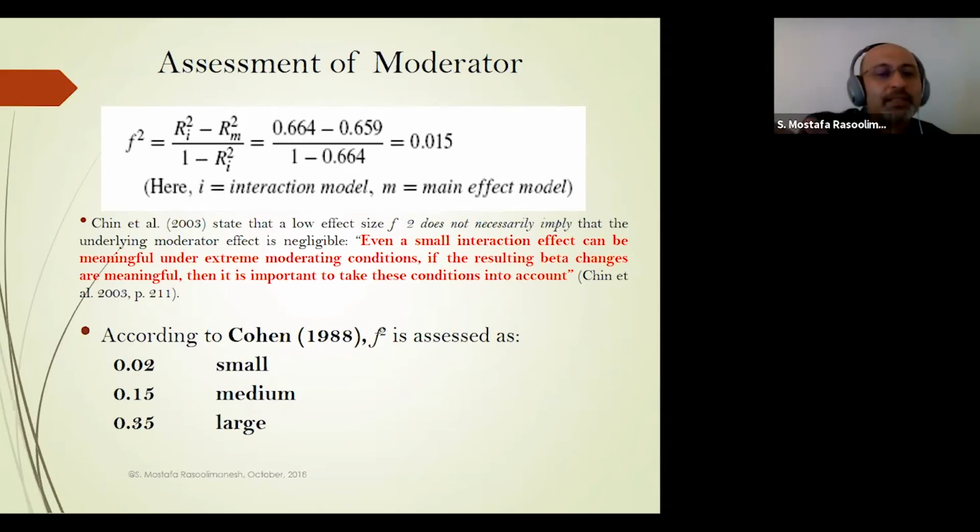So it doesn't matter what the value of effect size is, and we don't consider this one. We only need to assess significance of interaction effect.